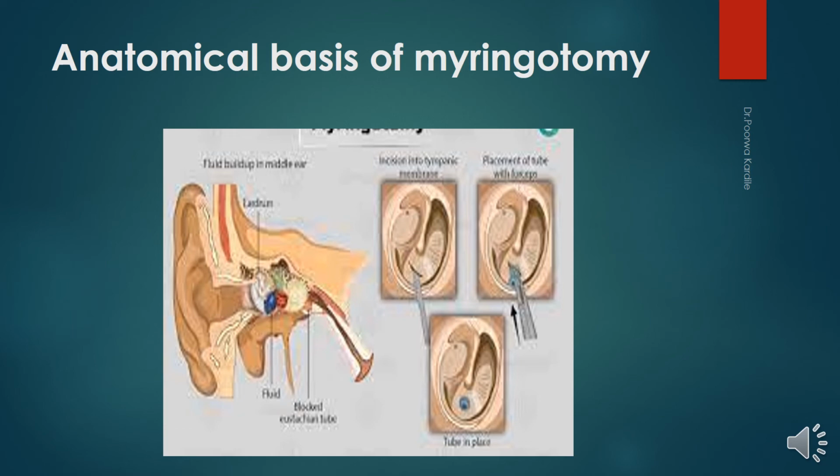In giving an incision, it is to be noted that the chorda tympani runs downwards and forwards across the inner surface of the tympanic membrane, lateral to the long process of the incus and medial to the neck of the malleus. If the nerve is injured, the taste sensation from the anterior two-thirds of the tongue is not perceived. Also, the saliva from the submandibular and sublingual glands gets affected.